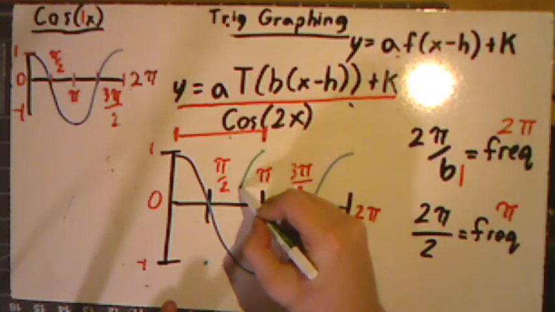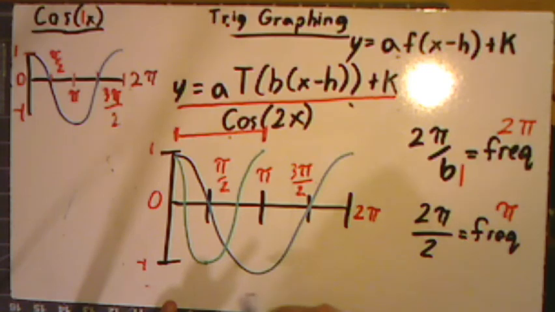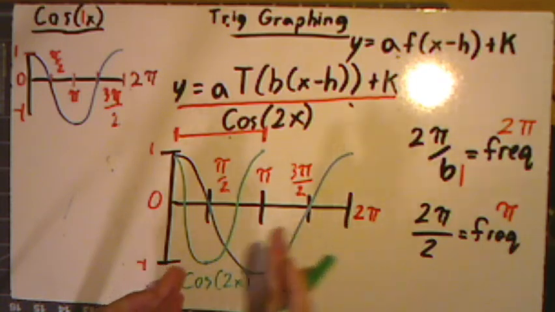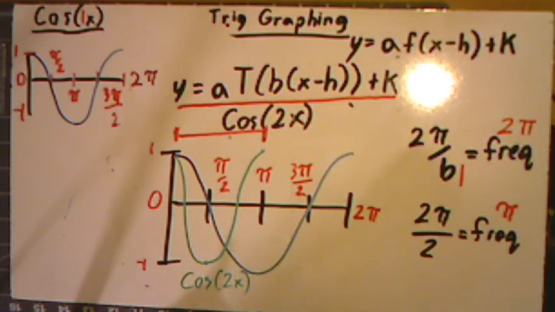So we would cross somewhere in the middle here and then do that. That is cosine of 2x. So it squishes it in because we are multiplying by a whole number.